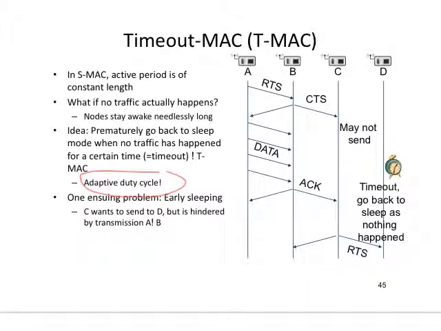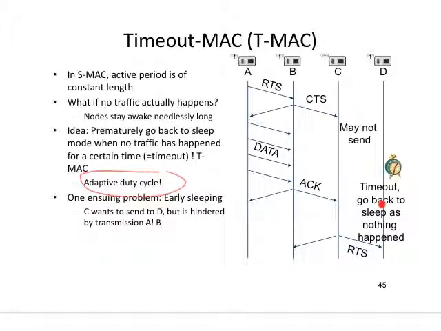D is completely blind to this. D is oblivious to all the activities that are currently happening, and it has to wait. And unfortunately, the timeout expires to conserve energy, and that was not a good decision in that case.